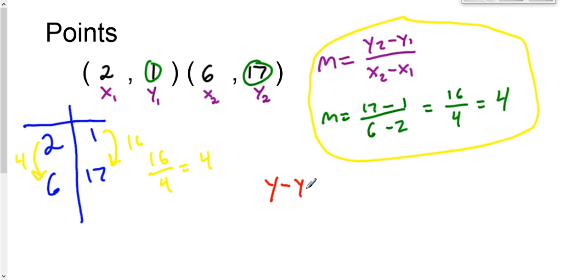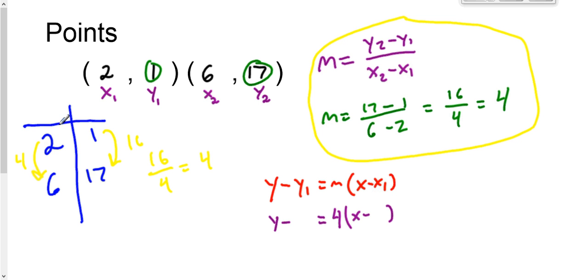Y minus y1 equals m x minus x1. Then we're going to pick a point, doesn't matter which one we pick. We have our slope of 4, x minus y minus.